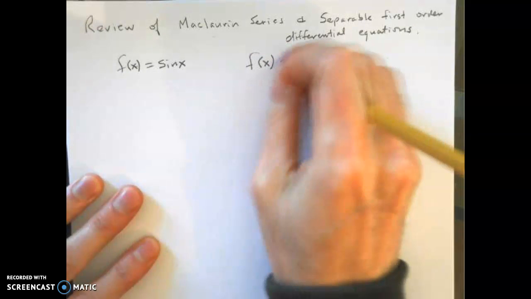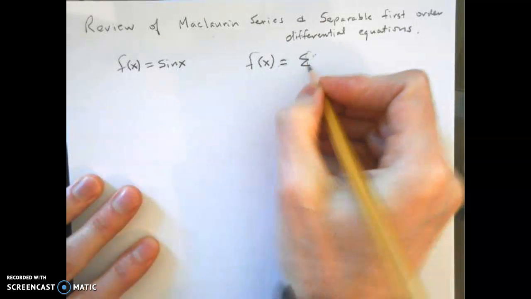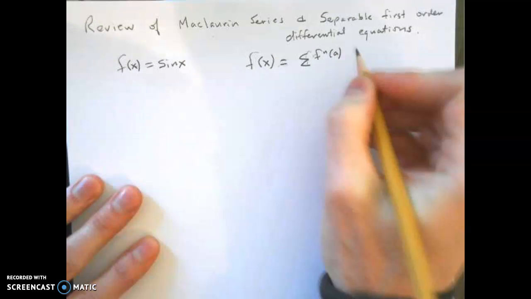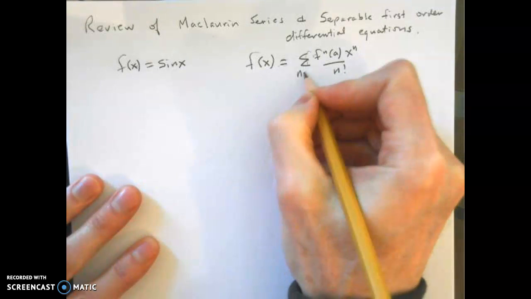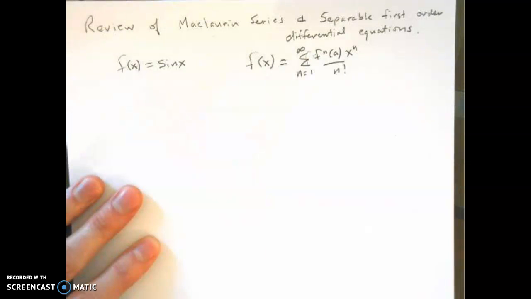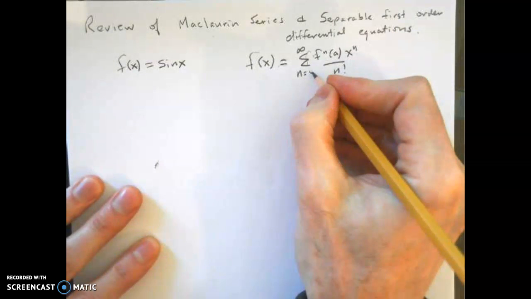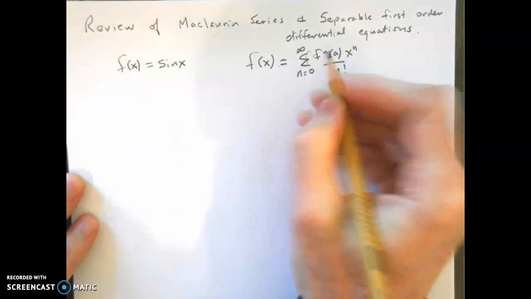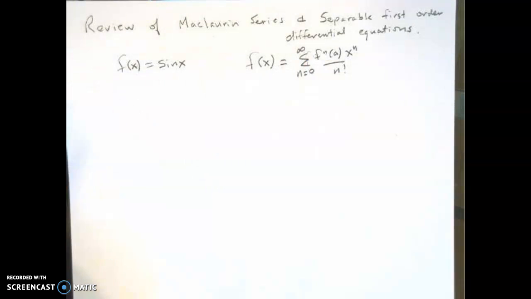Actually, I'll make this equal, and we'll use all the terms. So equal to sigma of the nth derivative evaluated at your center, I'm going to call the center a, times x to the n over n factorial, where n goes from 0 to infinity. This works if we start with 0, because the very first term is where we're not taking a derivative at all. Since we go all the way up to infinity, we can say equal instead of approximately equal.